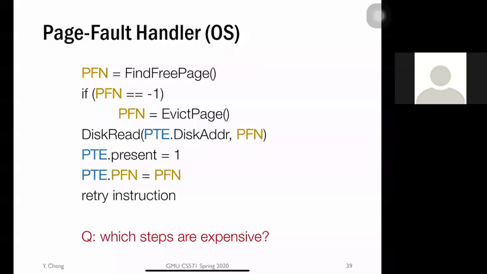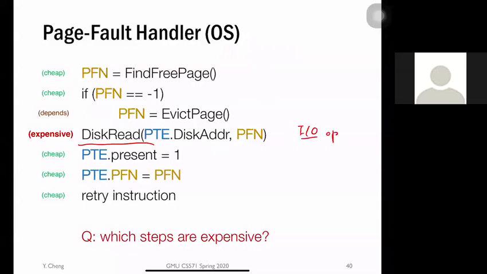So the question is, which exact steps are expensive or relatively more expensive? The answer is, for sure, this step is the most expensive because it incurs disk IO, as we've already discussed.